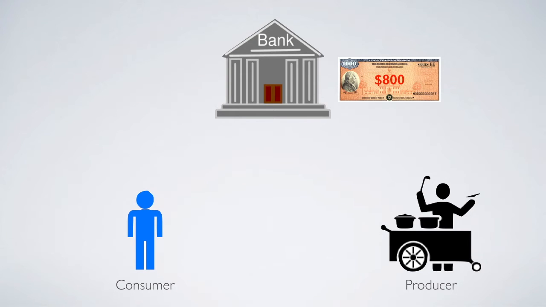Then the consumer goes to the bank and withdraws another $100, so the remaining balance is now $700. He uses this $100 to go shopping, buys goods from the producer again, and the producer saves the $100 back to the bank as before.